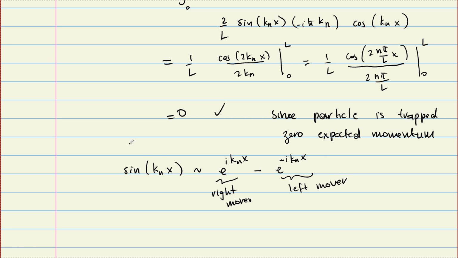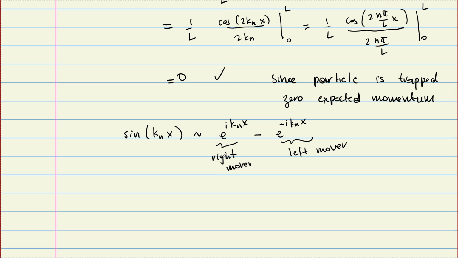And if I take, rather than this whole function, only this piece and act with momentum, I can define an eigenvalue equation, just like the eigenvalue equation in the Schrödinger equation. I can say, let's look at p on e to the i knx, and this p is minus i h bar del del x, and this is going to give me h bar kn e to the i knx.